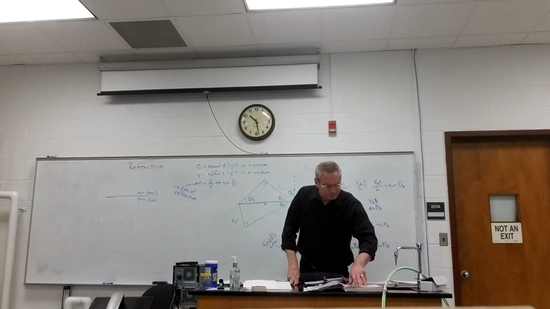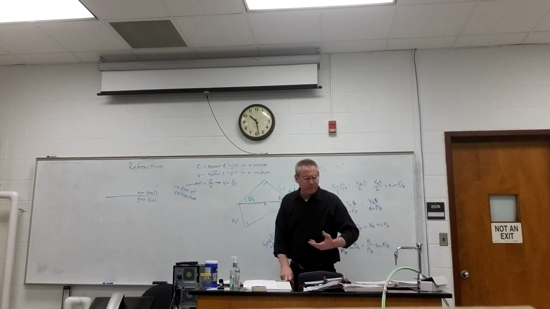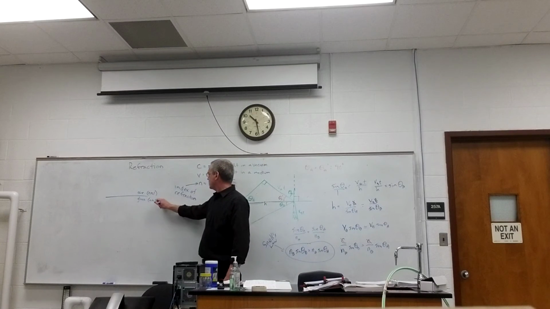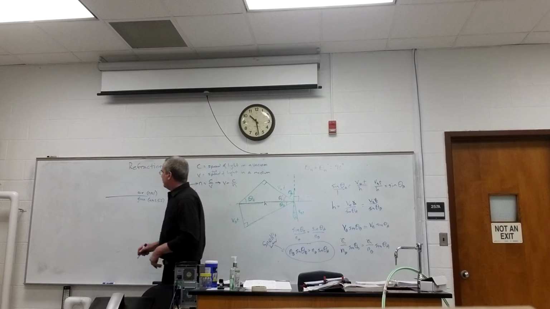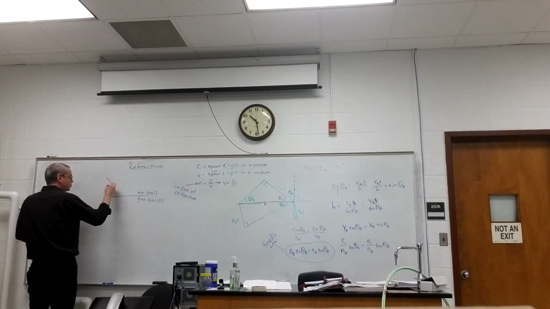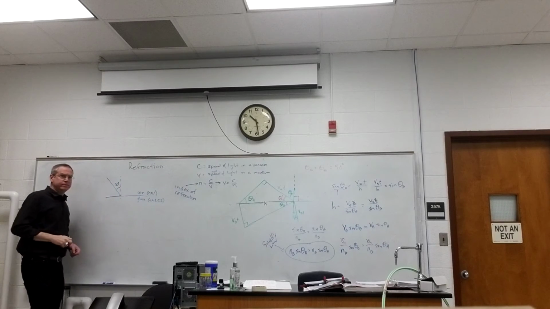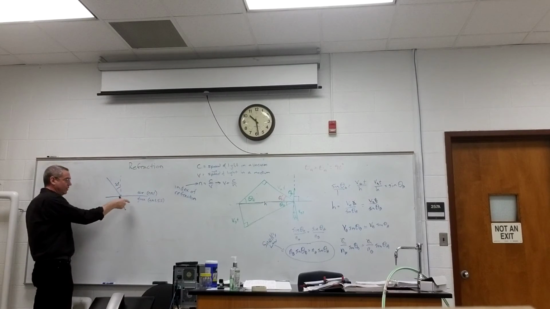Glass, depending upon the type, 1.5 to 1.63, so why don't we just go with 1.5, 1.52. If light is coming in at an angle of 30 degrees from the normal, what angle will it travel in the glass?